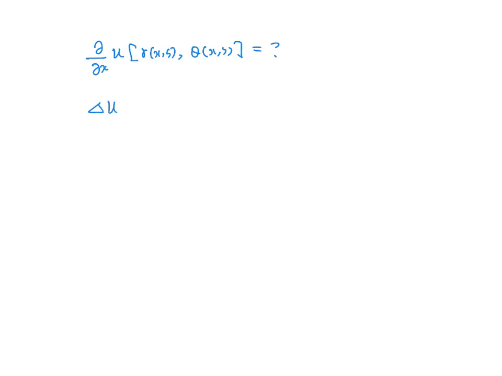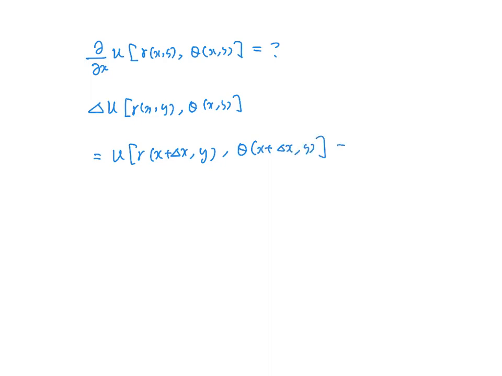Delta u(r(x,y), theta(x,y)) would be u(r(x+delta x, y), theta(x+delta x, y)) minus u(r(x,y), theta(x,y)), right?